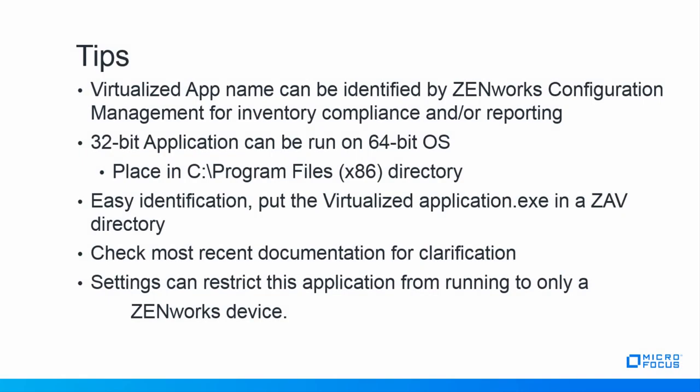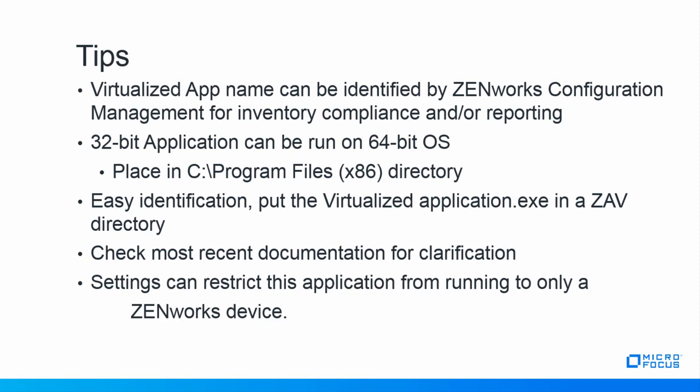You can run a 32-bit ZAV application on a 64-bit OS environment, but make sure you put the ZAV executable in the C program files x86. This way it can find all the 32-bit host DLLs required to run this application. And obviously you cannot run a 64-bit ZAV application on a 32-bit OS environment.